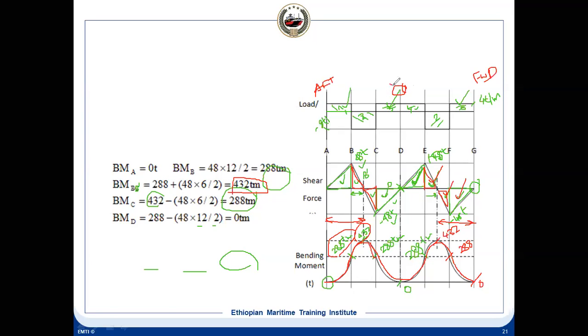There is no problem. Any reference you can give. For midship, both forward and aft, you'll have to give the distance. These two distances in this numerical are same.